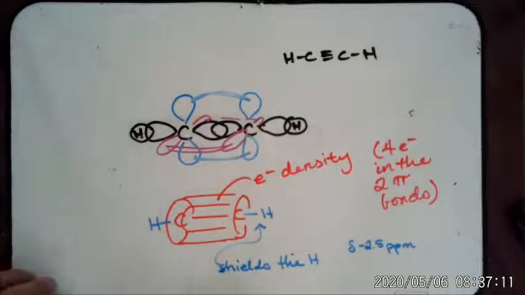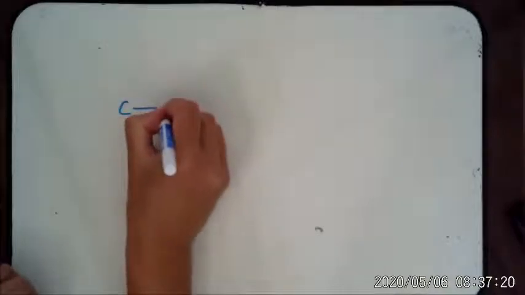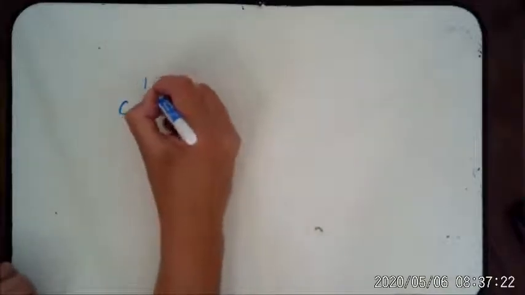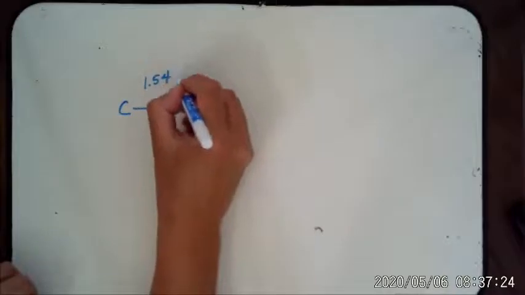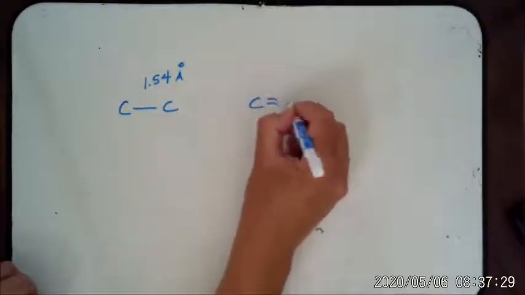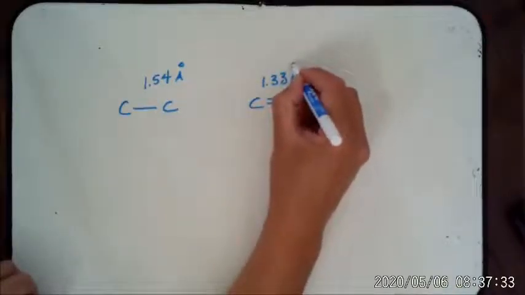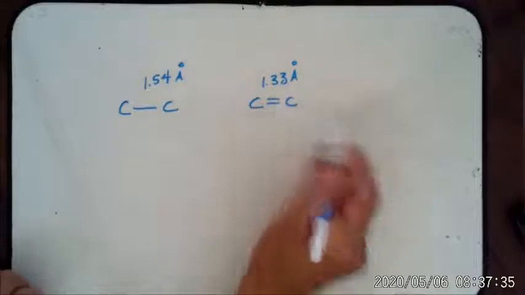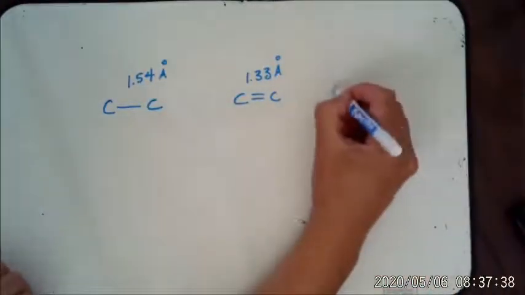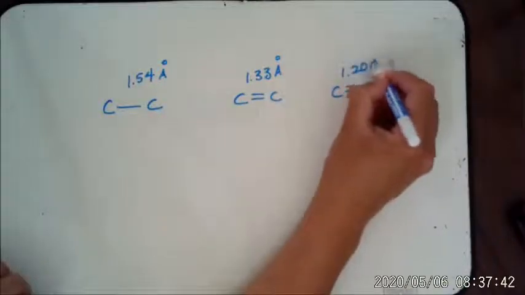If you look at your bond lengths, the longest one at 1.54 angstroms is my carbon-carbon single bond. The double bond is about 1.33 because this is sp2, so it has more s character to it. And my triple bond is about 1.2 angstroms.